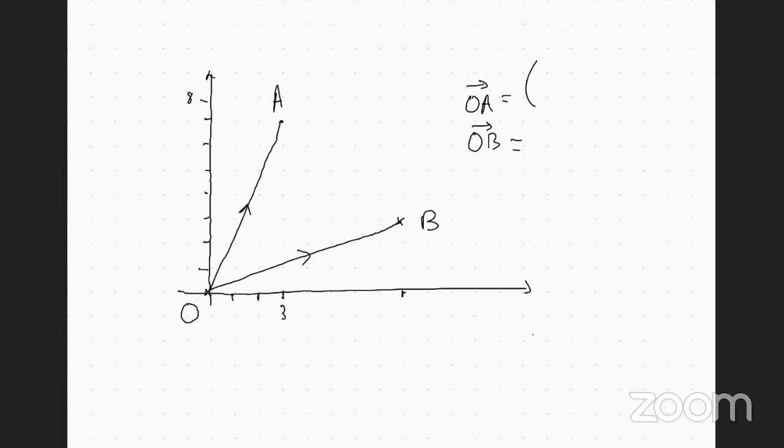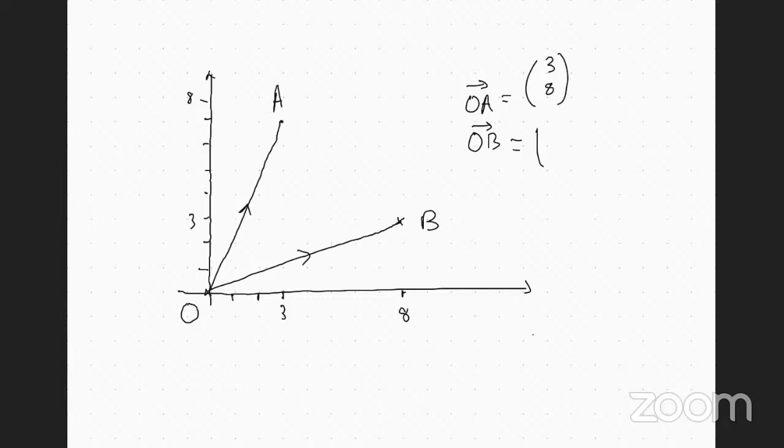So we know what OA is, right? OA appears to be the vector (3, 8). And OB appears to be the vector (8, 3). That's just the way I drew it, right?